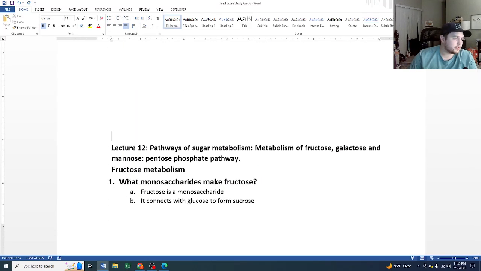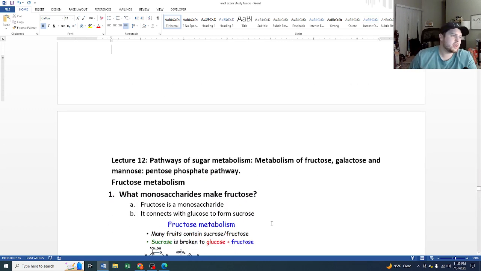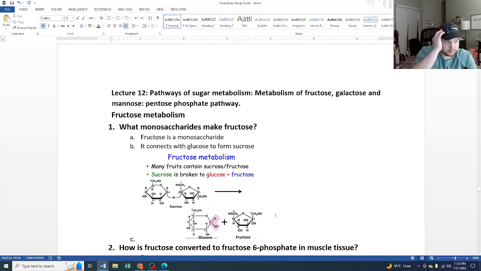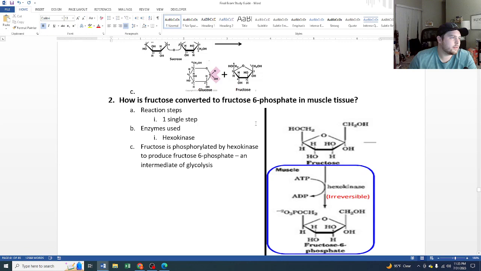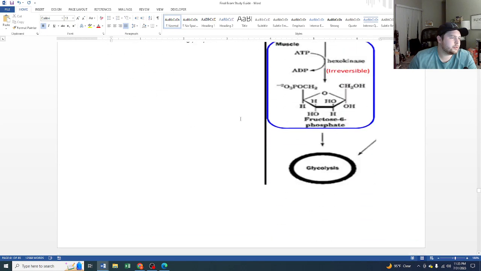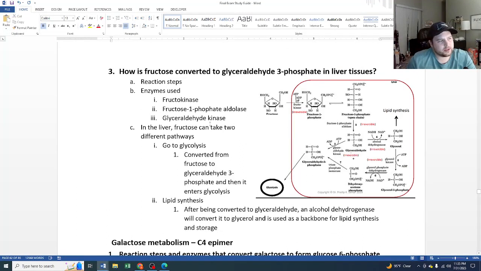Lecture 12. The pathways of sugar metabolism. The metabolism of fructose, galactose, mannose, and the pentose phosphate pathway. So, a whole bunch of this. I'm going to be honest, a lot of this I didn't feel was super drilled heavily.